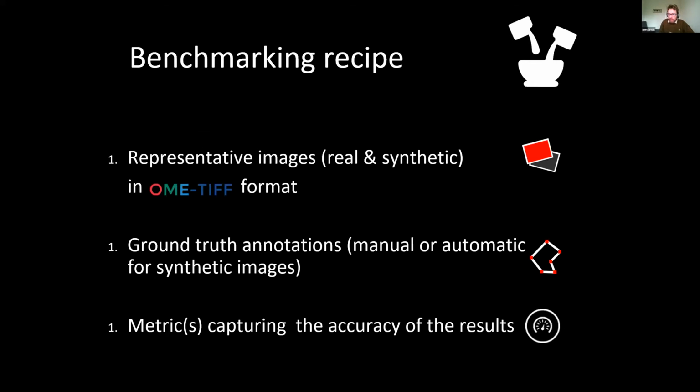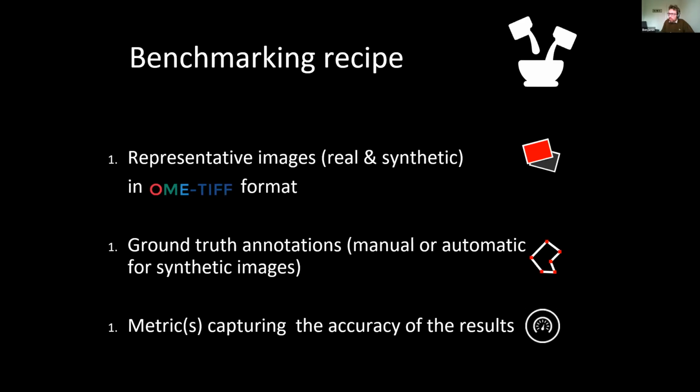So what is a good recipe for good benchmarking? Well, you need some representative images, either real or synthetic. For BIAflows right now, we work on the OME-TIFF format for the benchmarking because it's a standard and it guarantees that we are going to read correctly the different dimensions of the image.